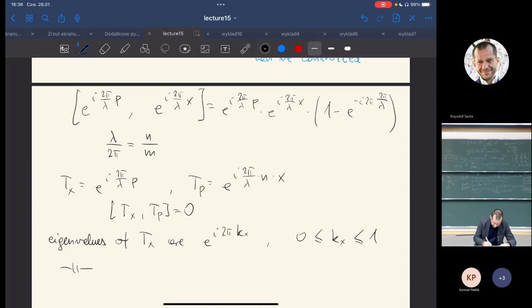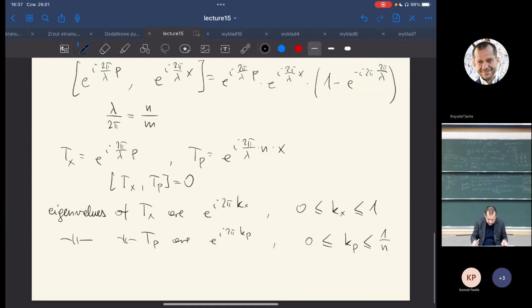The eigenvalues of the Tp operator are e to the i Kp, and that goes in the range from 0 to 1 over n. And this range of these eigenvalues actually determines the Brillouin zone of our crystalline structure.